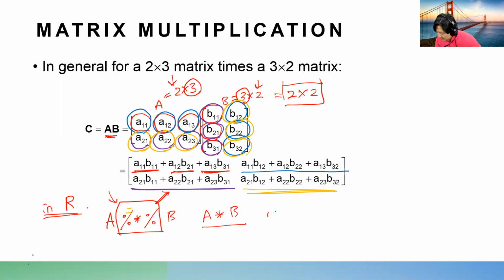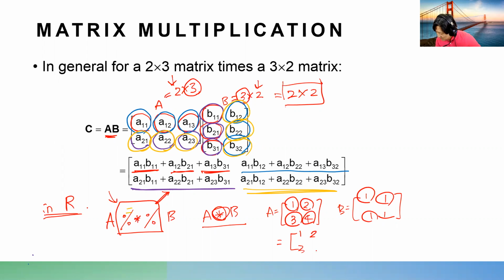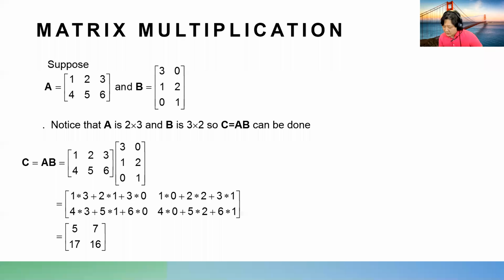For example, A is 1, 2, 3, 4 and B is 1, 1, 1, 1. Then 1 times 1 is 1, 2 times 1 is 2, 3 times 1 is 3, 4 times 1 is 4. So if you want to do matrix multiplication in R, you have to put this one.